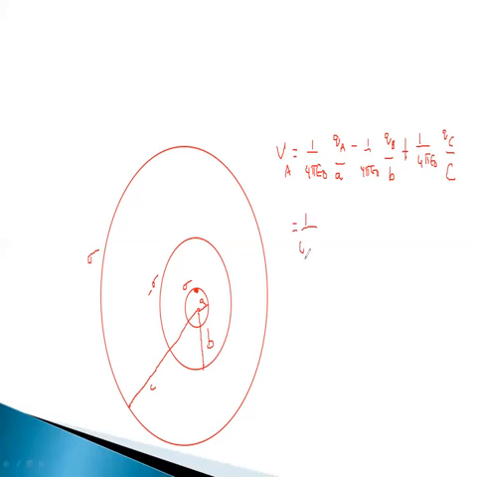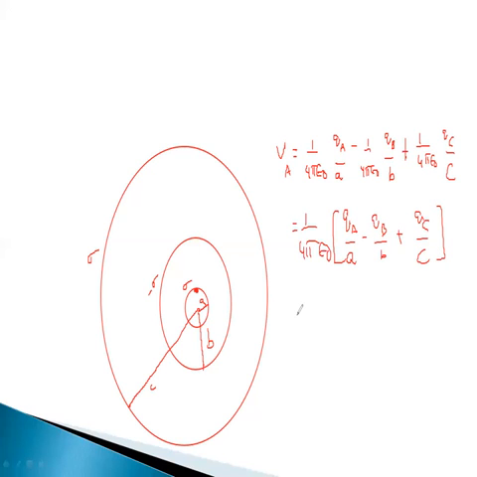In this case, 1 by 4 pi epsilon naught is common. And simply, we can write charge on A by A minus charge on B by B plus charge on C by C.